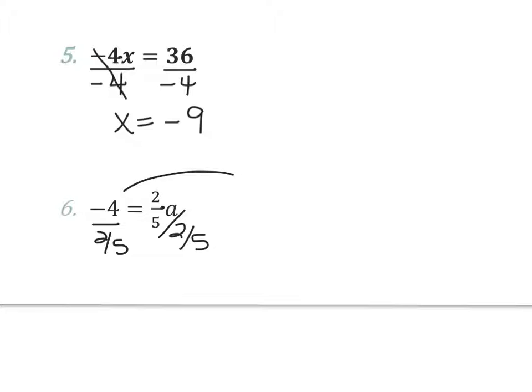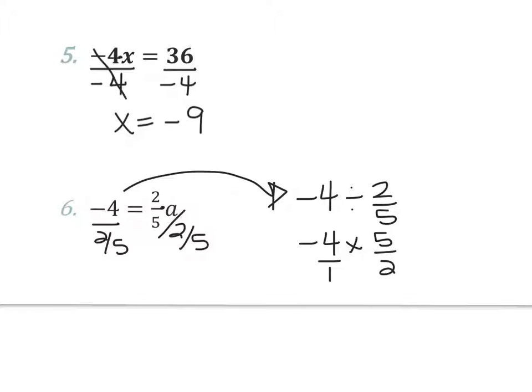So let's go over to the side. If I have a number divided by a fraction, this is the same way to write what I just wrote on the left-hand side. I know a lot of people say keep it, change it, flip it. I say that we are multiplying by the reciprocal. The reciprocal of 2/5 is 5/2.